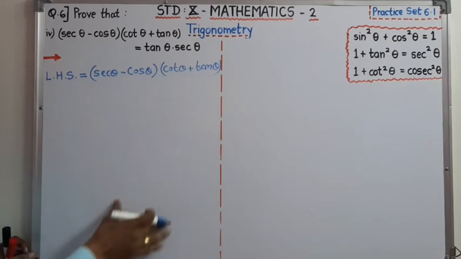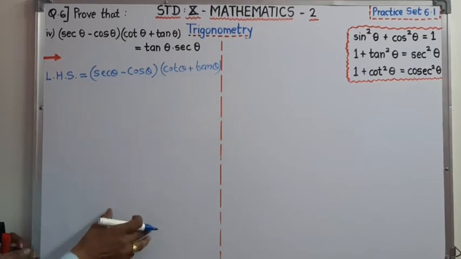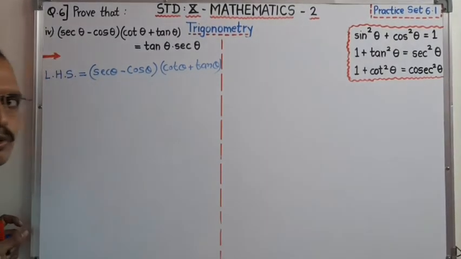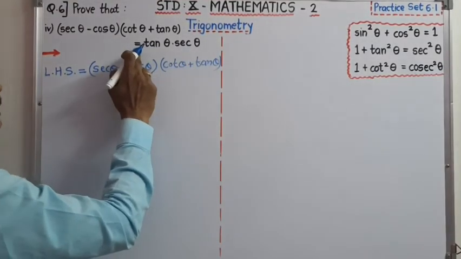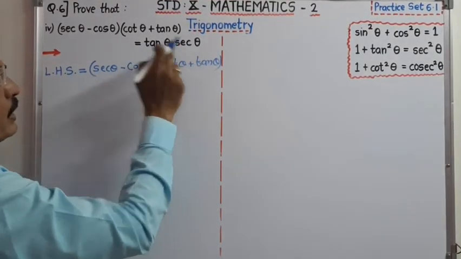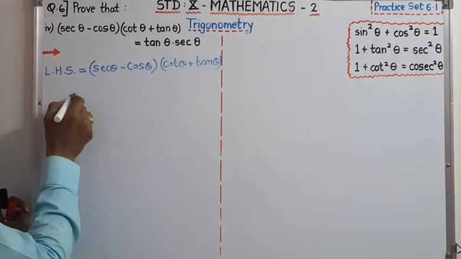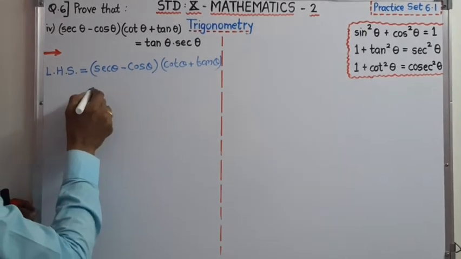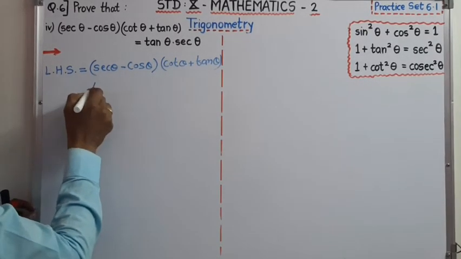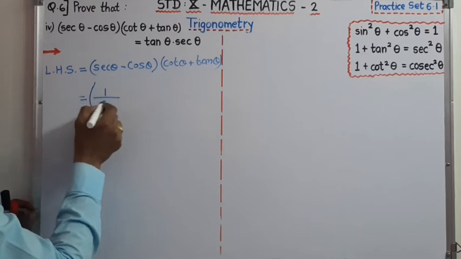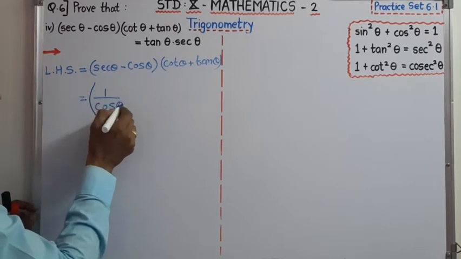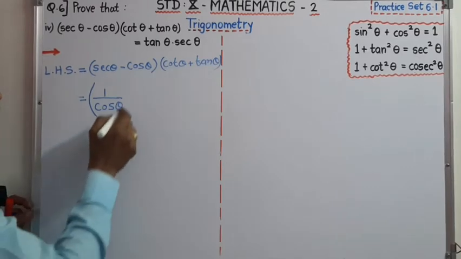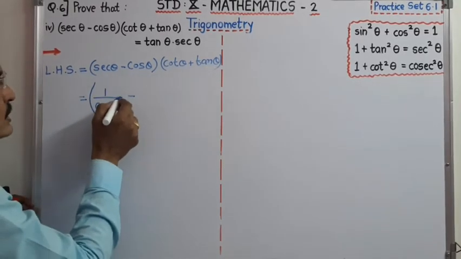We have to solve this. For that purpose, we have to use identities and formulas. Now, dear student, we require tan theta into sec theta. Now, see, dear student, instead of sec theta, we can write here 1 upon cos theta, isn't it? Yes. Minus this cos theta.